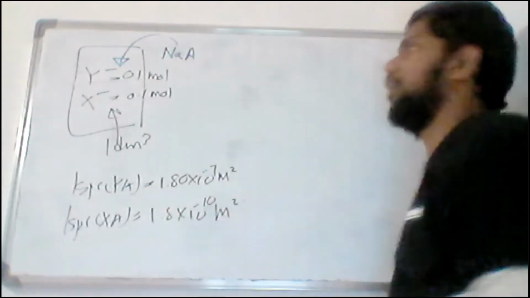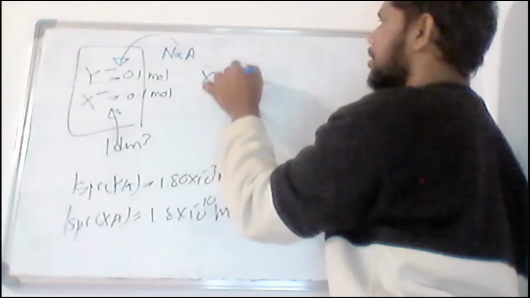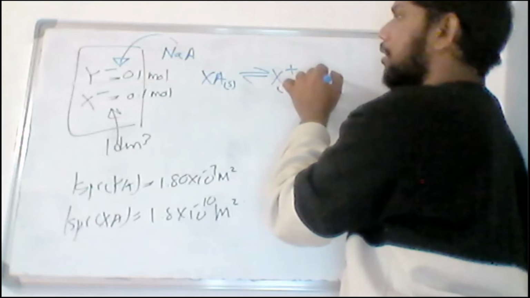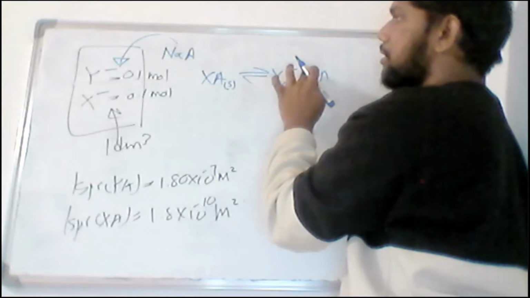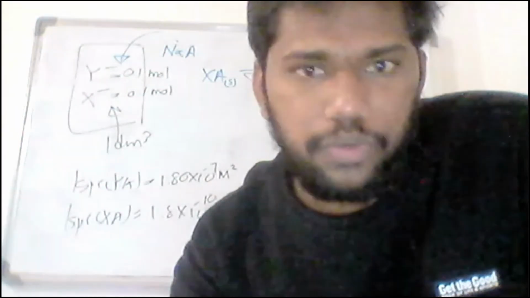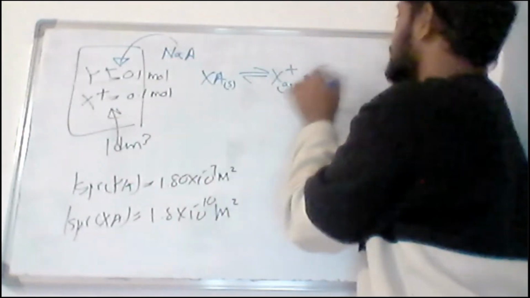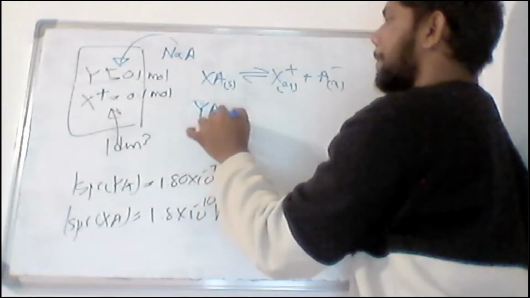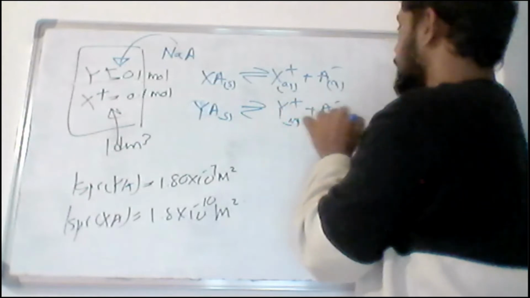There will be this equilibrium: XA solid gives X plus aqueous and A minus aqueous, and there will be this YA equilibrium, Y plus aqueous and A minus aqueous.